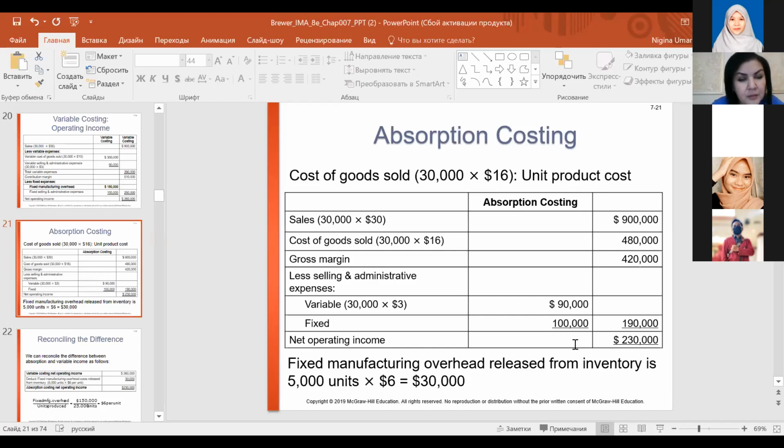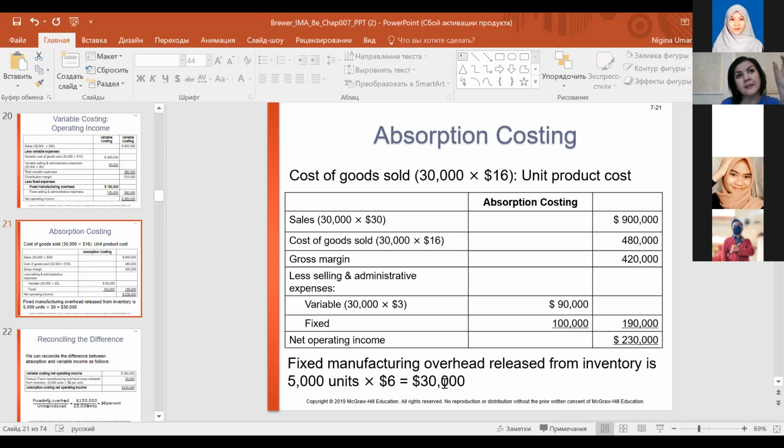So because of the fixed manufacturing overhead, do you remember 30,000 of fixed manufacturing overhead was residing in ending inventory. So this fixed manufacturing overhead of 30,000 comes from the previous year, from the first year.